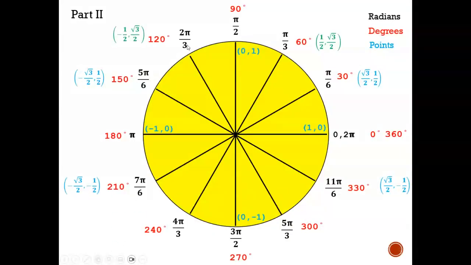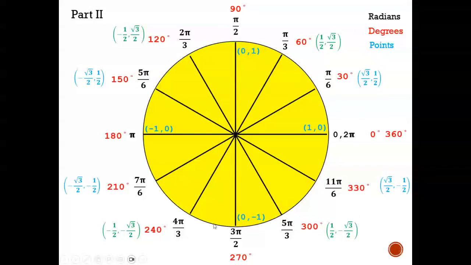In quadrant 2, for 2 pi over 3, again denominator of 3, the first coordinate is negative, -1/2, square root of 3 over 2. In quadrant 3, 4 pi over 3 is negative for both coordinates, -1/2, negative square root of 3 over 2. And the one in quadrant 4 is 5 pi over 3. It's a positive 1/2 and a negative square root of 3 over 2.